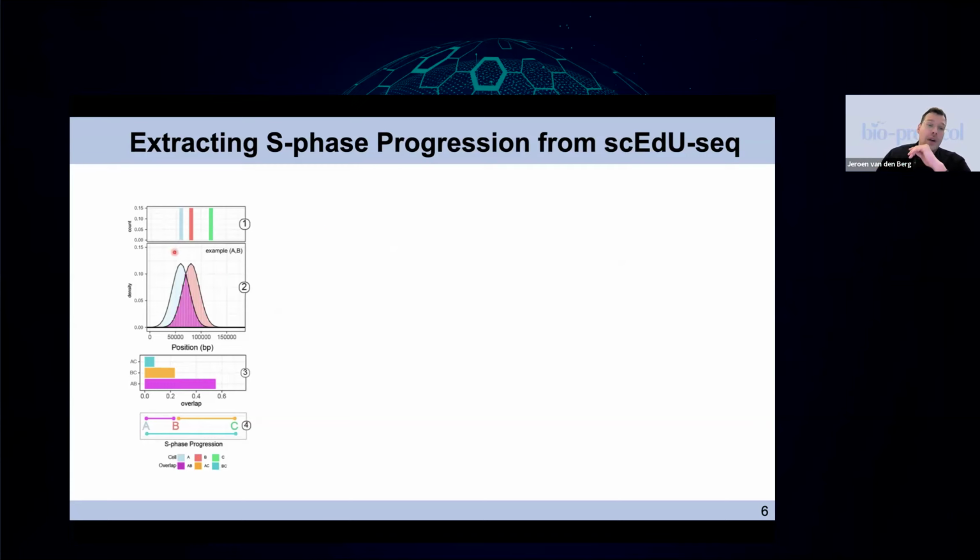And this is what I try to illustrate in this particular plot, where we have three different replication tracks, so sites or positions of EdU incorporation on a fictitious chromosome, and then we basically use algorithms to tell us which cell is most likely the closest to each other.